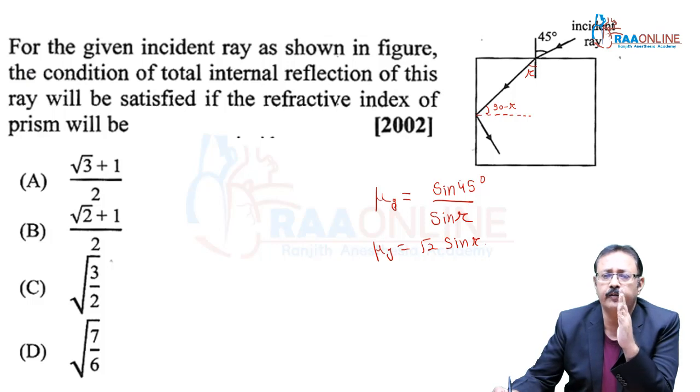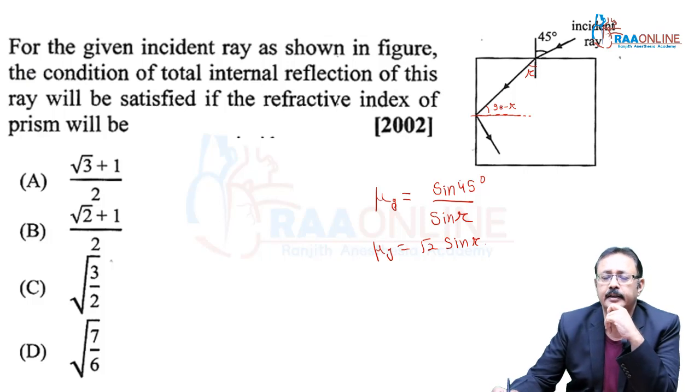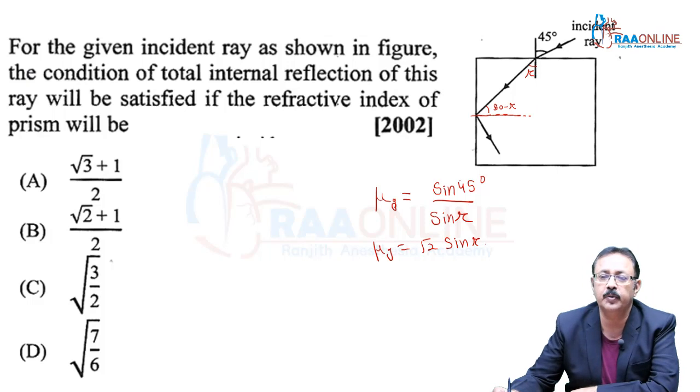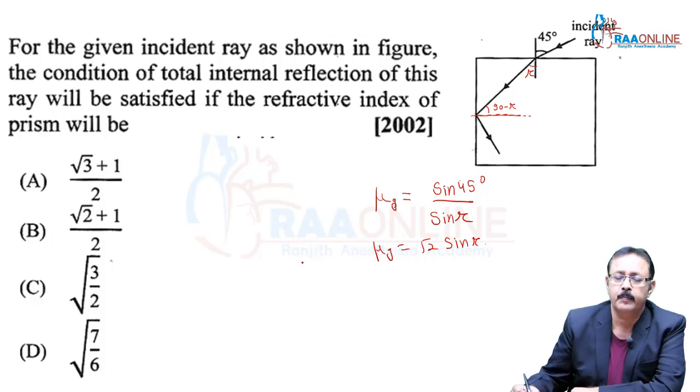Total internal reflection will take place at this surface if the refractive index is such that this angle becomes the critical angle. Only then total internal reflection, TIR, will take place, if this angle of incidence is equal to or greater than the critical angle.